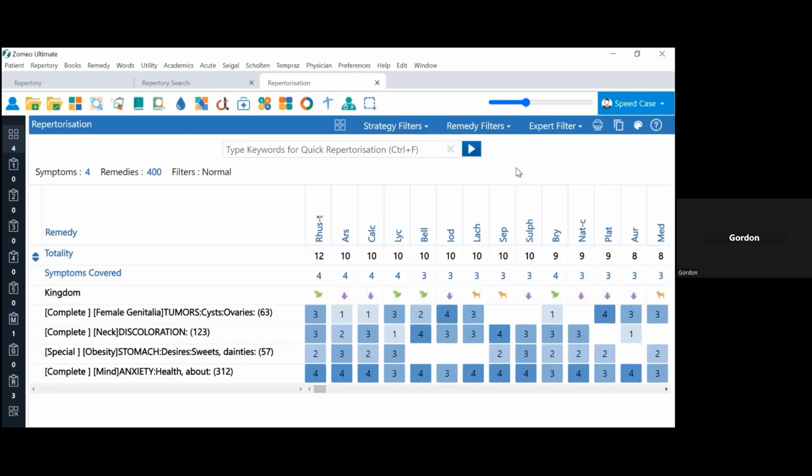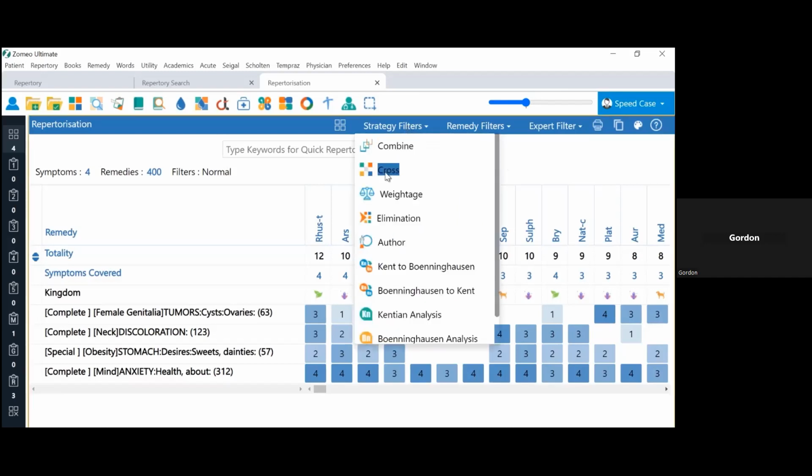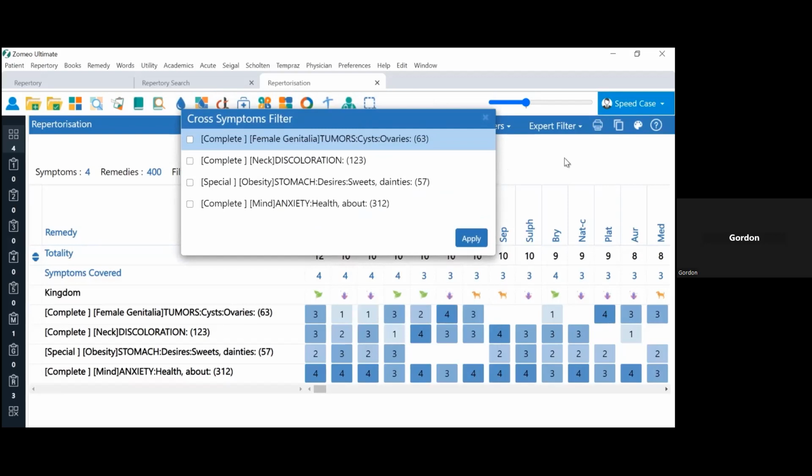I can use a permutation and combination of any number of filters as long as it gives me the most accurate, the most correct remedy. So out of the strategy filters, the most popular filter we have is cross repertorization. In cross symptoms filter, basically we now have to see which are the most important symptoms out of the ones that I have listed, and I will finally get a result of all the remedies that cover all of these 4.